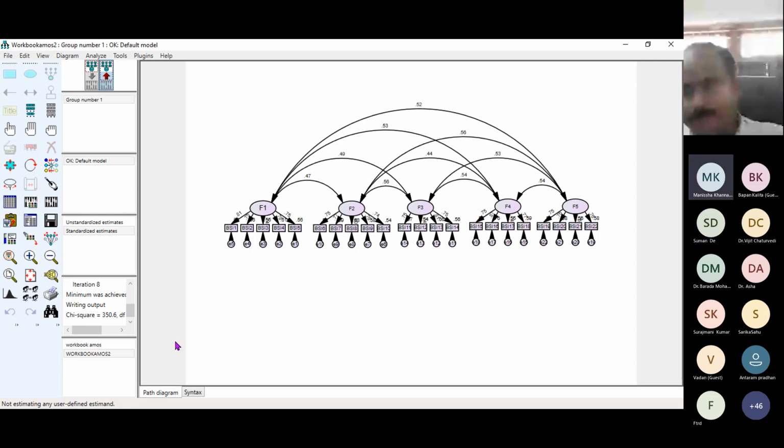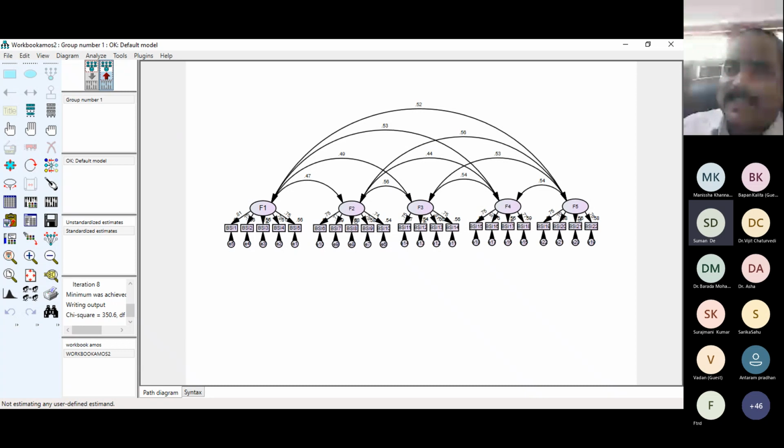Thank you so much. It is because so many things are there within the short time period. Everything cannot be taught. I said yesterday, any one indicator or any one parameter to a latent variable must be restricted to one, so that other regression weights can be measured.